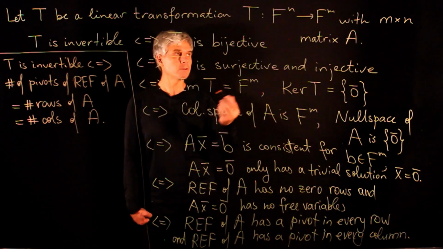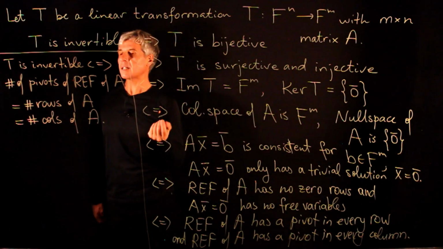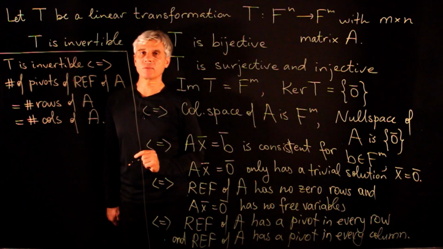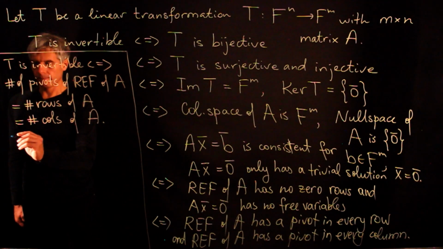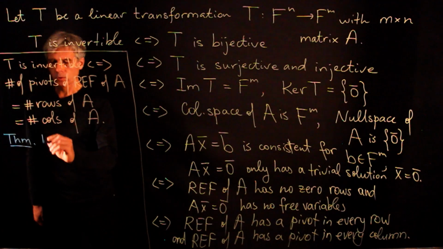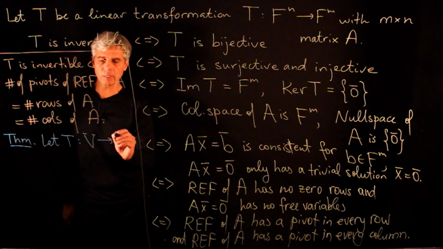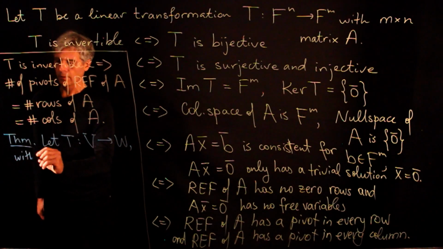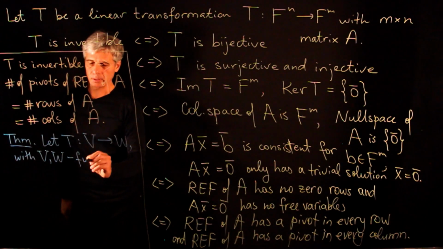But if these two dimensions do not match, then we immediately can conclude that this transformation cannot be invertible. So we can also state this as the following theorem. Let T be a linear transformation from V to W, where V and W are finite dimensional.